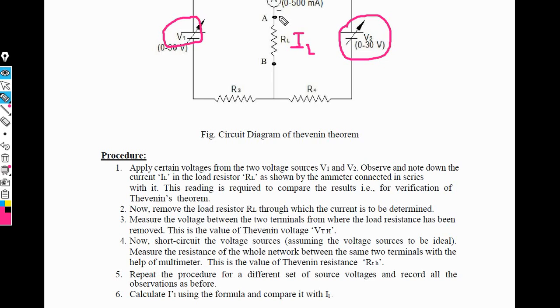The final result obtained is the verification of Thevenin's theorem.